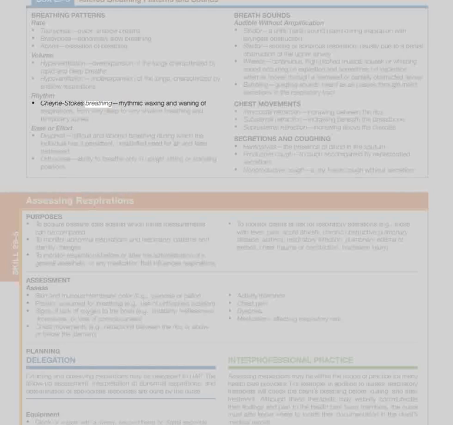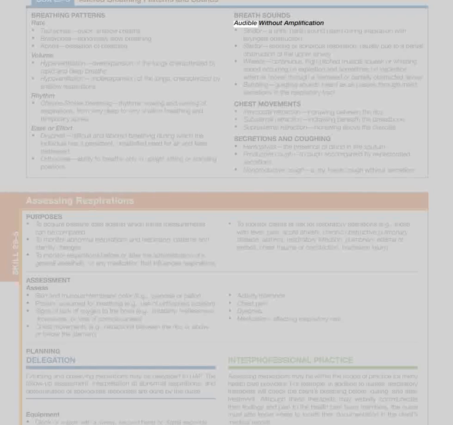Rhythm: Cheyne-Stokes breathing, rhythmic waxing and waning of respirations, from very deep to very shallow breathing and temporary apnea. Ease or effort: dyspnea, difficult and labored breathing during which the individual has a persistent, unsatisfied need for air and feels distressed; orthopnea, ability to breathe only in upright sitting or standing positions.